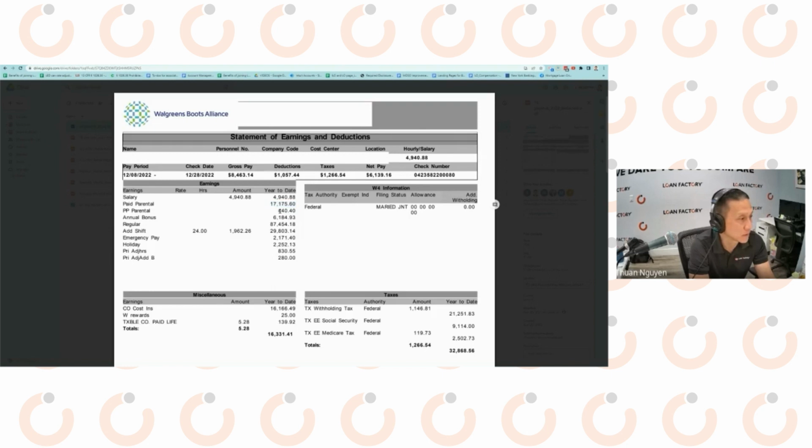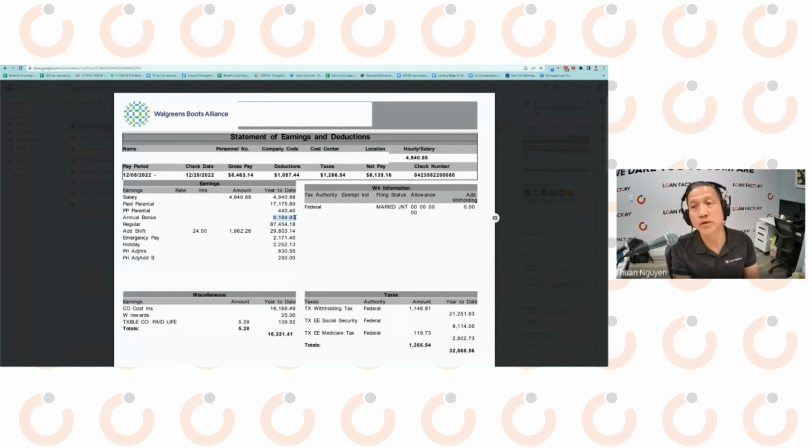Okay, parental leave is one time. Annual bonus: if we see this, normally we have to ask the borrower if they received a bonus for the previous year. And if the borrower just moved to this job, then we have to ask his previous employer if he received overtime or bonus in his previous employment.